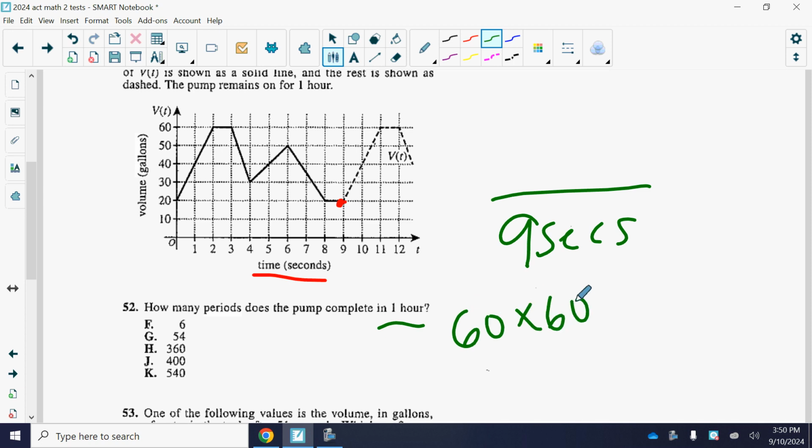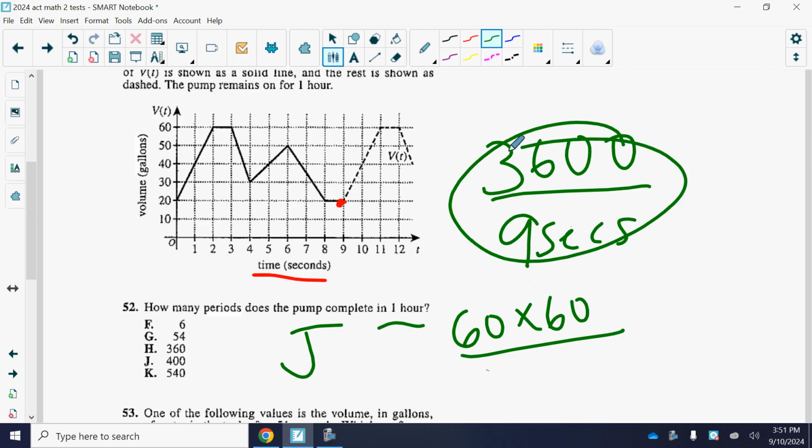And 60 seconds. So it's 3,600 seconds in an hour. You've heard that before, huh? 60 seconds in a minute, 60 minutes in an hour, 60 times 60 seconds in an hour. So it's 3,600 divided by 9, and the answer is 400 periods in an hour.